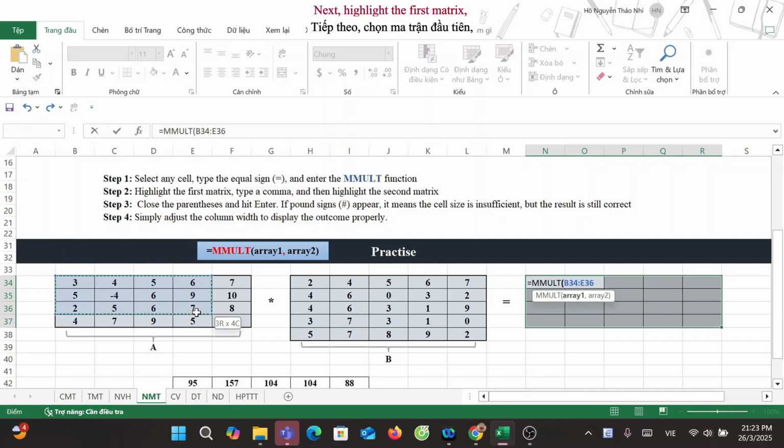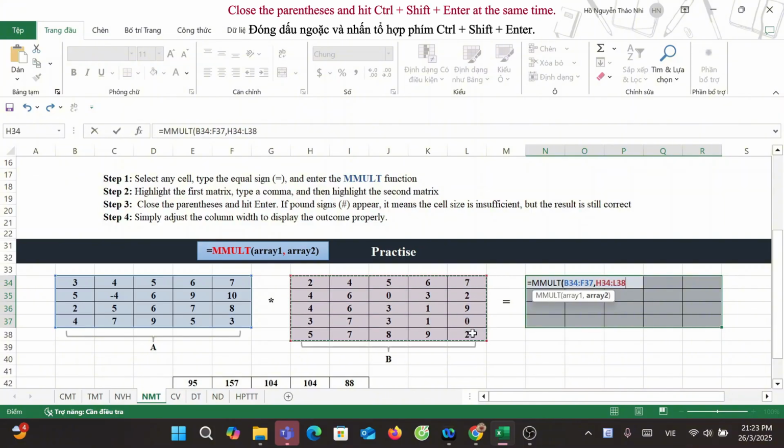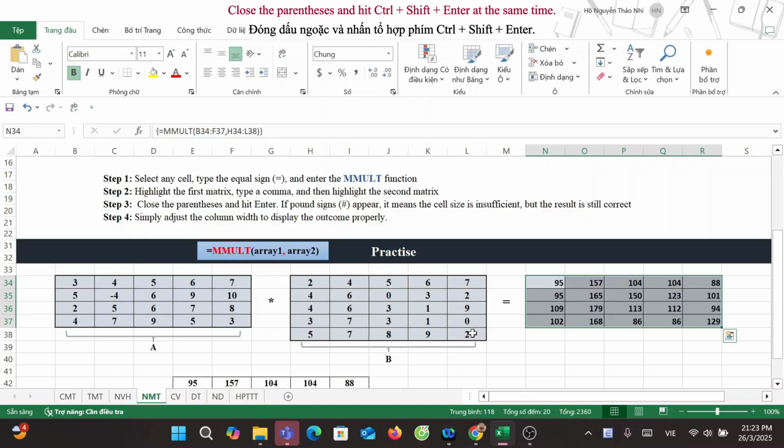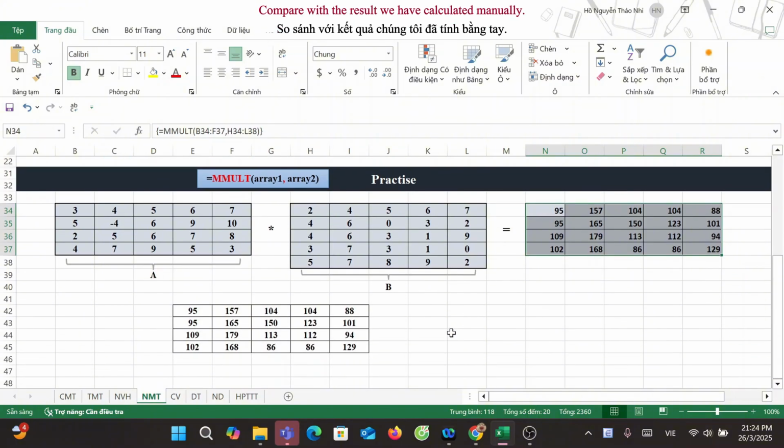Next, highlight the first matrix, type a comma, and then highlight the second matrix, close the parentheses, and hit Ctrl+Shift+Enter at the same time. If a hash sign appears, it means the cell size is insufficient, but the result is still correct. Simply adjust the column width to display the outcome properly. Compare with the result we have calculated manually.